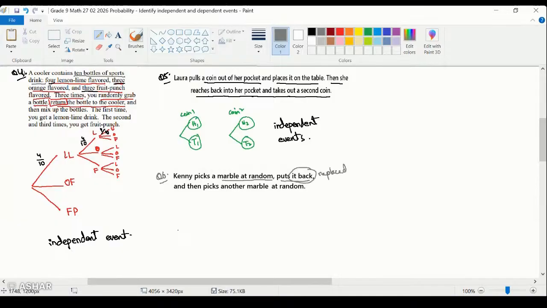And whenever something is replaced, it does not affect the outcome of the other. So we can say these are, would it be dependent, independent? Yeah, independent, right? Because it's replaced. Agreed? Okay, sometimes I just also need to verify.